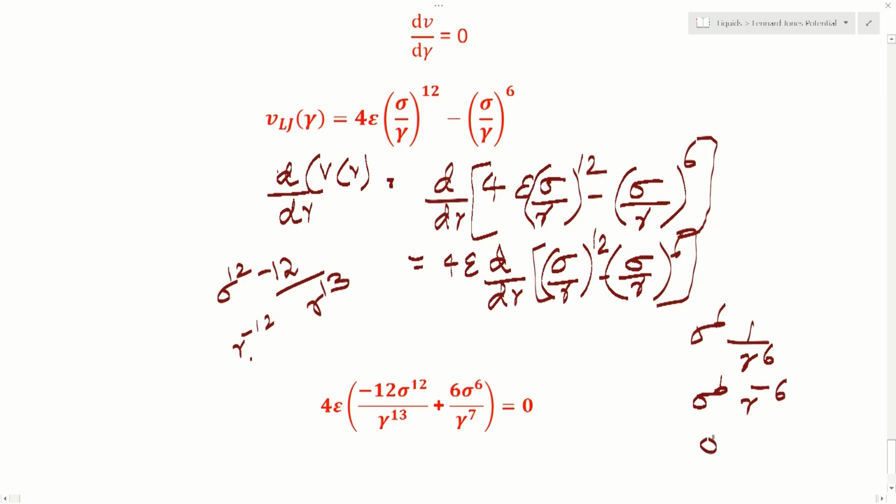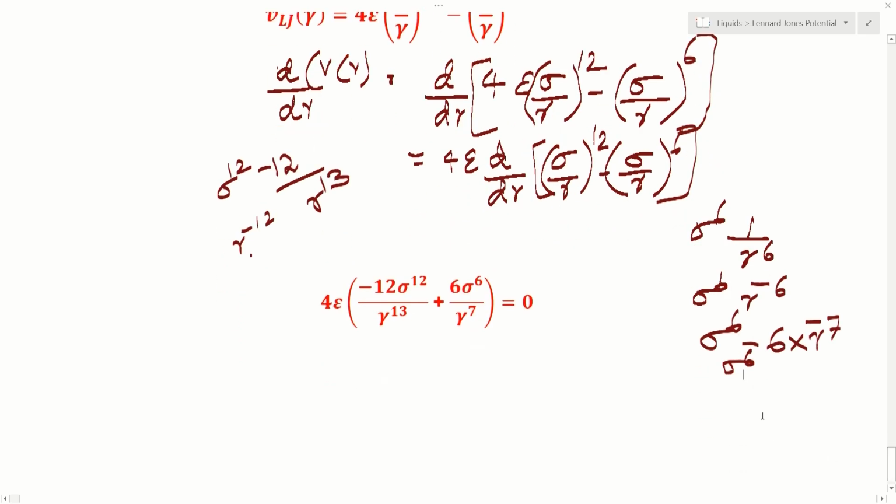Then this will be sigma to the power 6 into minus 6 into R to the power minus 7. Therefore we get 6 sigma to the power 6 divided by R to the power 7.